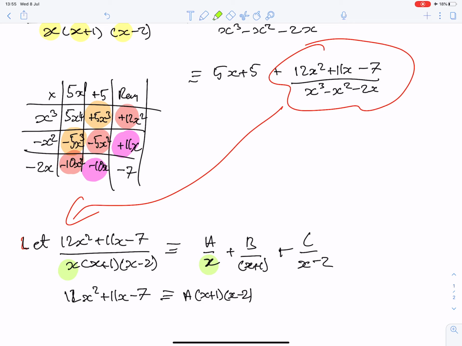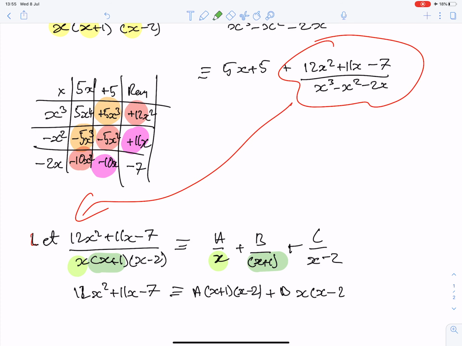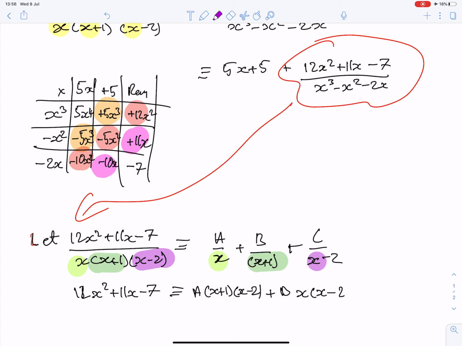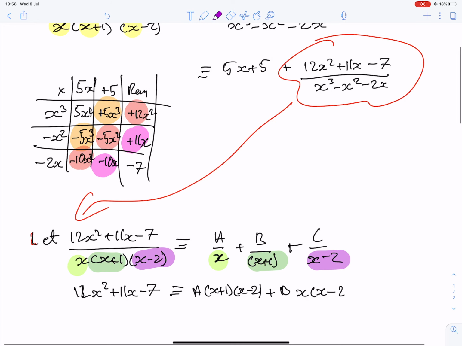On the second term, the x plus 1's will cancel to leave us with plus b lots of x times x minus 2. And on the last one, the x minus 2's will cancel, leaving c lots of x times x plus 1.